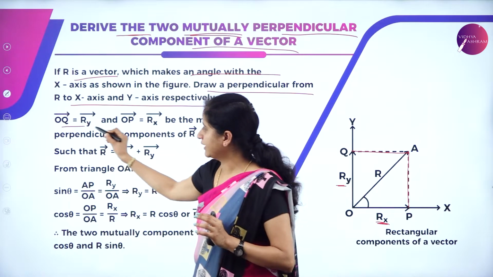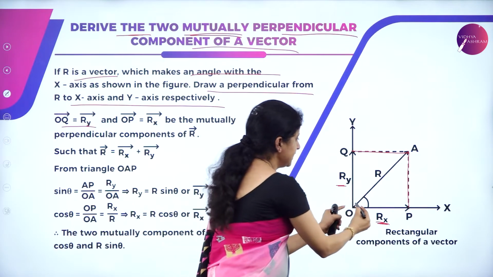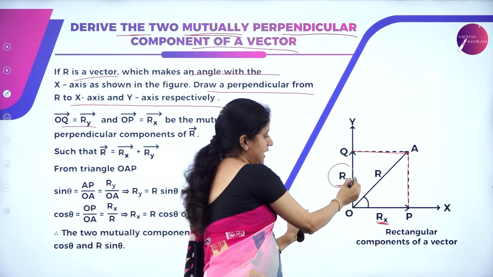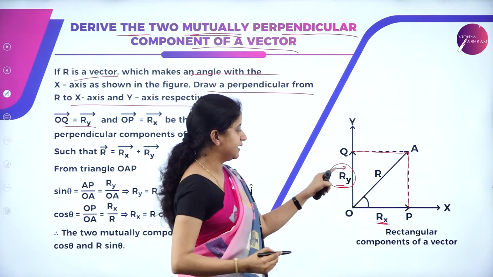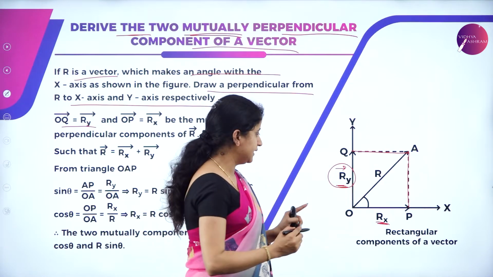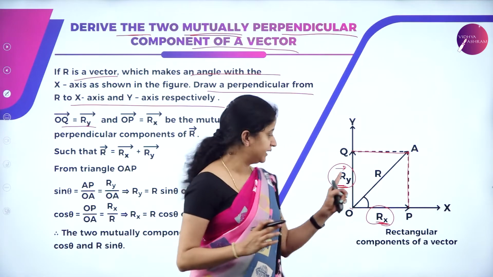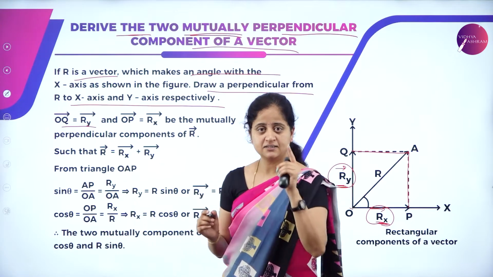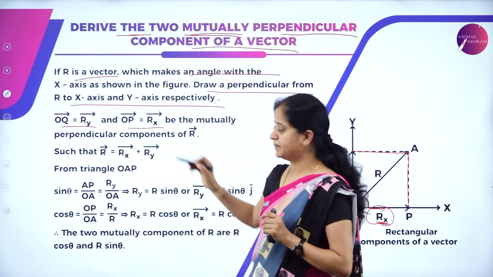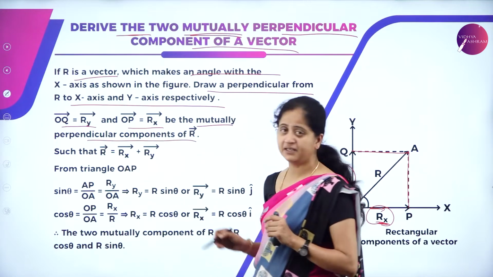Now, vector OQ is nothing but vector Ry, which means the side OQ represents Ry. The component of R along y-axis is denoted by R subscript y. Similarly, OP is nothing but Rx, the component of R along x-axis, denoted by R subscript x. So OP is equal to Rx, and they are the mutually perpendicular components of R.